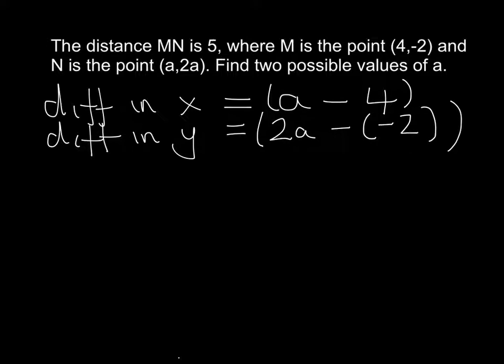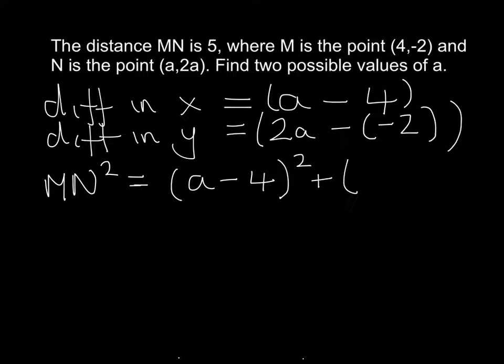Using Pythagoras' theorem, we can say that MN squared, in other words the square of the distance we're trying to find, is simply the square of the x distance plus the square of the y distance.